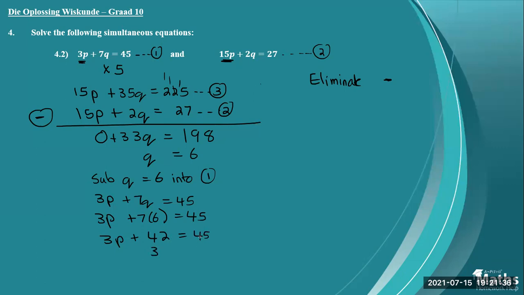So 45 minus 42 is giving me a 3. Divide both sides by 3. So p is equal to 1. And if you're not sure, then you can just go and test.